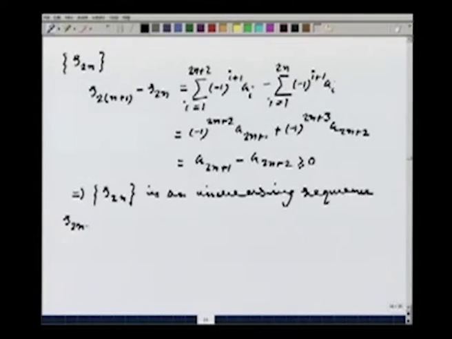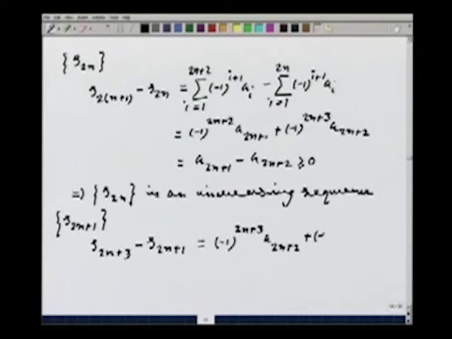Now if I start with the odd subsequence of partial sums, S2n plus 1, then I would certainly look at S2n plus 3 minus S2n plus 1. Then a calculation exactly like the previous one tells me that what remains is minus 1 to the power 2n plus 3 a 2n plus 2 plus minus 1 to the power 2n plus 4 a 2n plus 3.